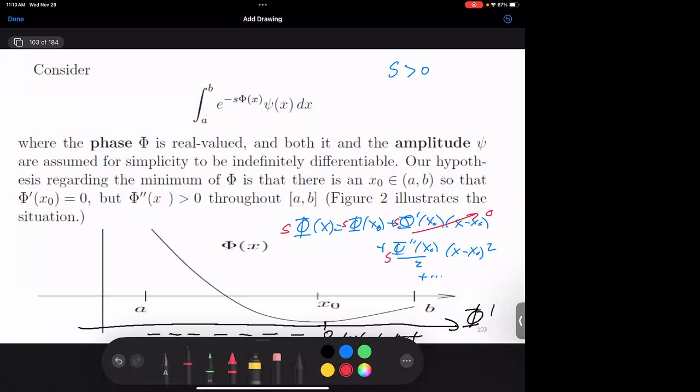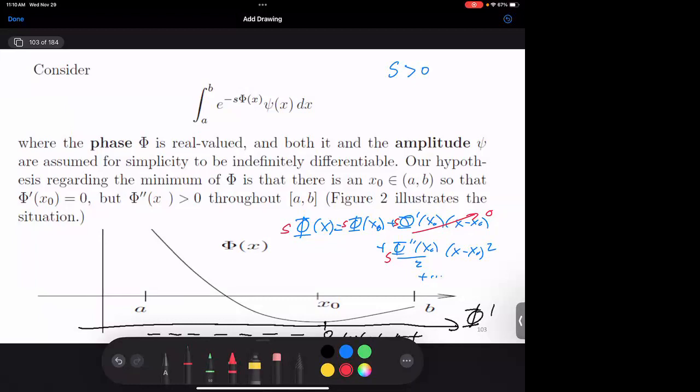How much is s phi of x changing? Well, if s times x minus x naught squared is extremely small, I haven't moved that much. So about how big can x minus x naught be before I start to worry? I'm trying to get a feel for the integral before doing any math.